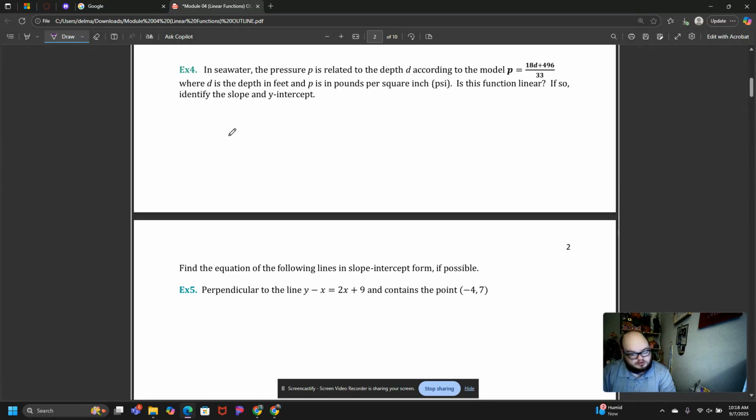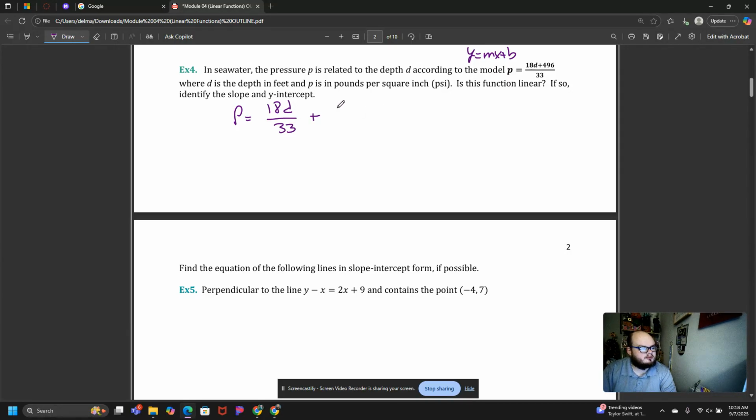So if I wanted to, I could really manipulate this to where it's looking more like that y equals mx plus b. Because right now you might look at that and say, I don't see it.